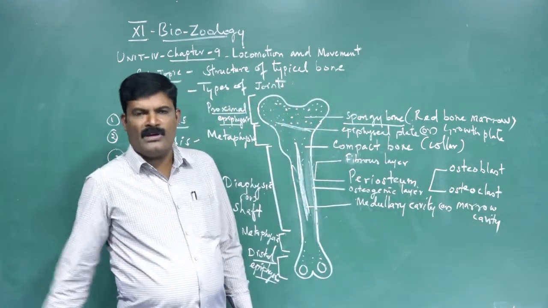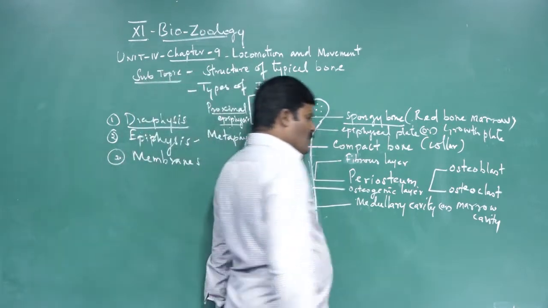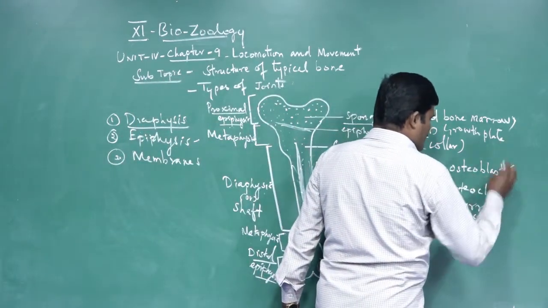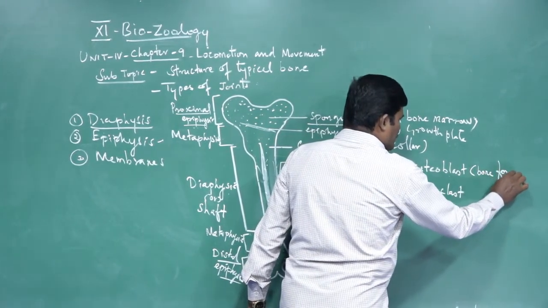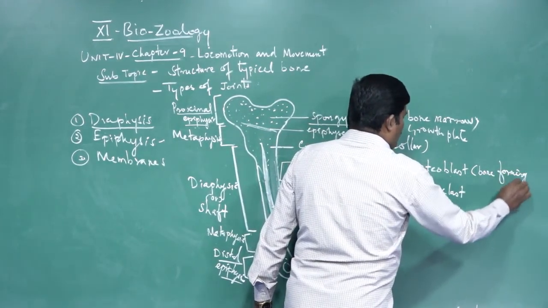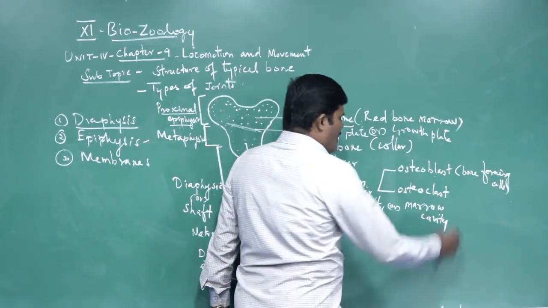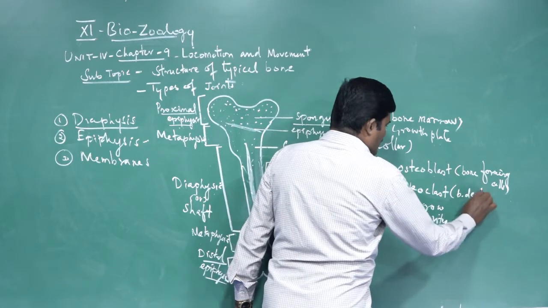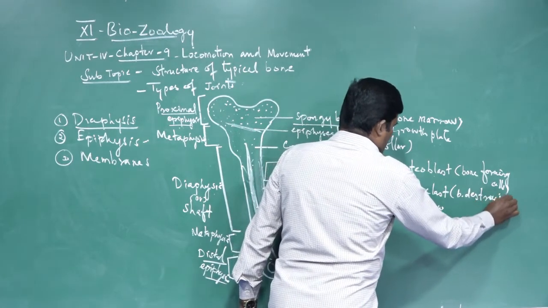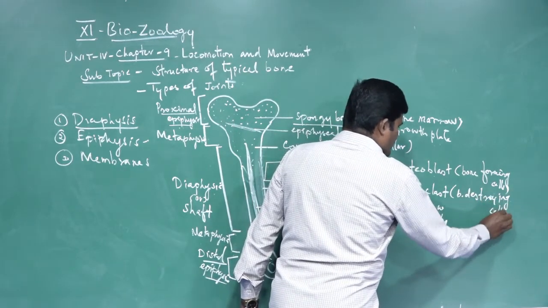This is an important question. The osteoblast cells are otherwise called bone forming cells. The osteoclast cells are otherwise called bone destroying cells.